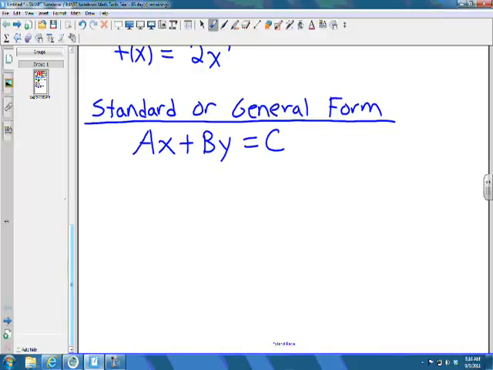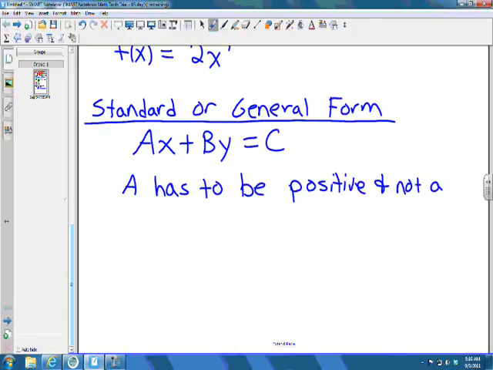And there's a couple other specific rules. A has to be positive and not a fraction.